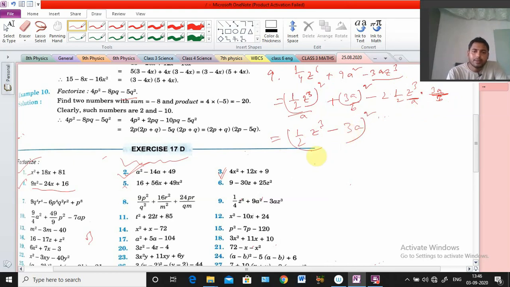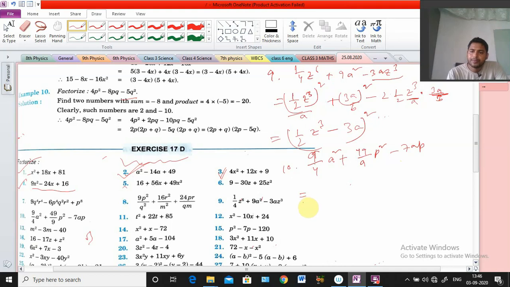Okay, clear? Next, question number 10c: 9 by 4 a square plus 49 by 9 p square minus 7ap.